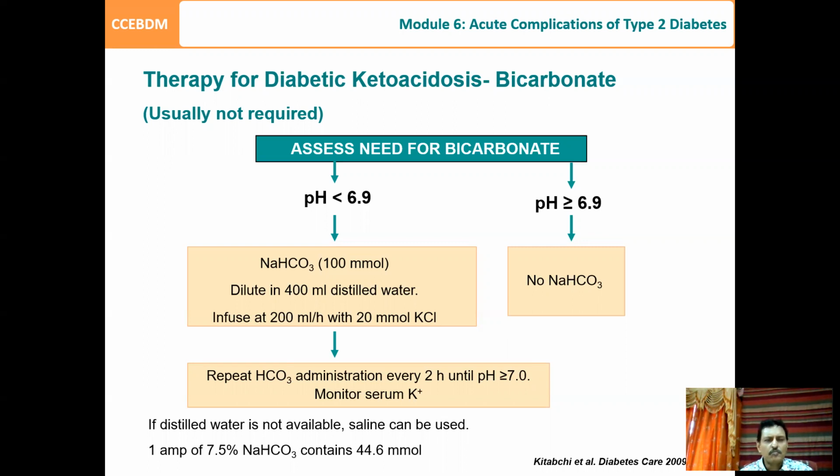Urine ketone may not change much over a period of time, so don't look at the urine ketone values. It will take time to disappear from the urine. But if the patient symptomatically improves, GI symptoms disappear, and the ABG value improves, it indicates the ketogenic process has stopped completely, and you can shift the patient from IV insulin to subcutaneous insulin.